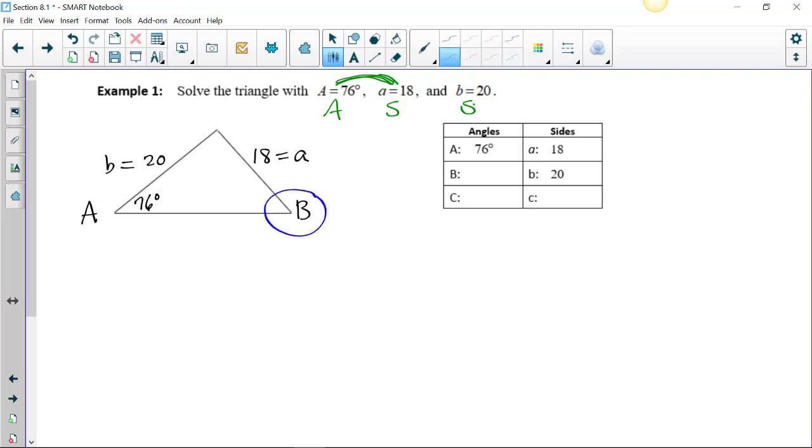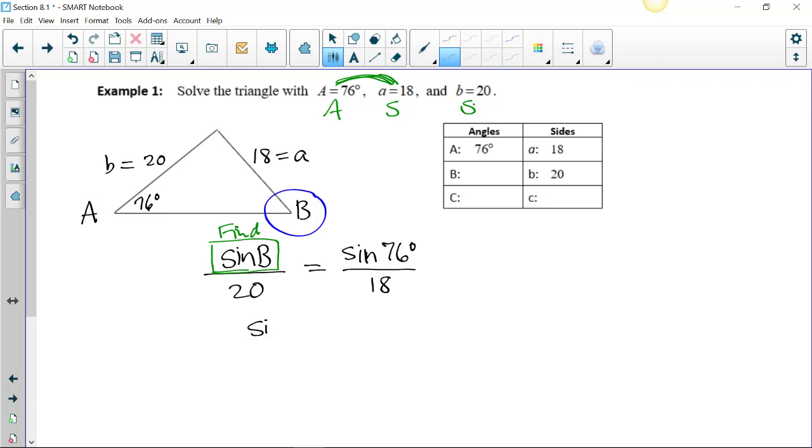Okay, so the next thing I'm going to try to find then is angle B. So I'm going to set up my equation for finding angle B using the law of sines. So the sine of angle B over the length of the side opposite is equal to the sine of another angle that we know, which is 76 degrees, over the length of the side opposite. So I now have an equation that I can solve for B. First thing I'm going to do is solve for the sine of B so I can make my decision.